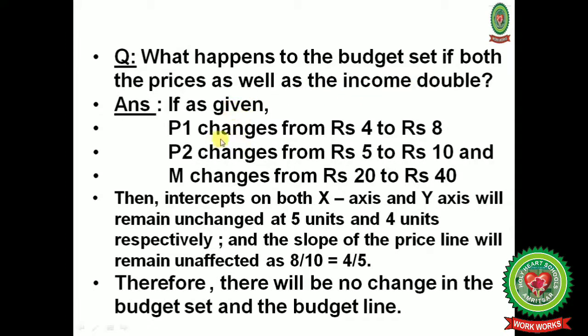As given, P1 changes from rupees 4 to rupees 8 and P2 changes from rupees 5 to rupees 10 and the money changes from rupees 20 to rupees 40, then intercepts on both X axis and Y axis will remain unchanged at 5 units and 4 units respectively, and the slope of the price line will remain unaffected, that is 8 divided by 10 is equal to 4 divided by 5. So therefore there will be no change in the budget set and the budget line.